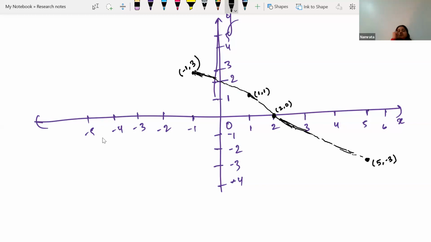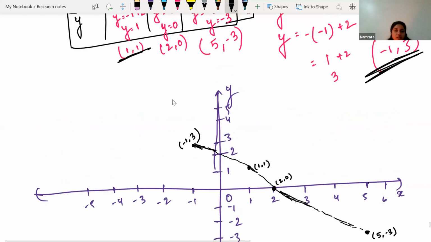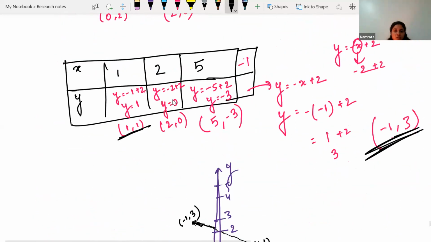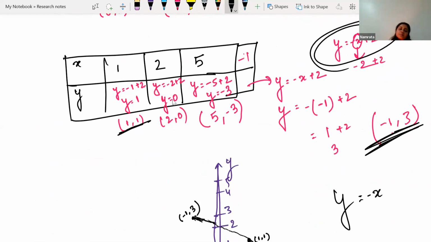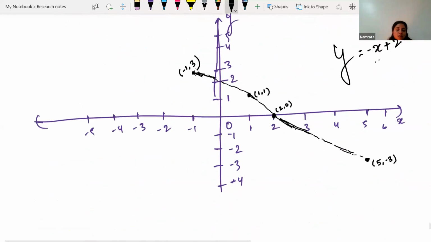Like this you will get a straight line, and that is the straight line which will represent the equation, this equation, y is equal to minus x plus 2. This equation's graph is this.